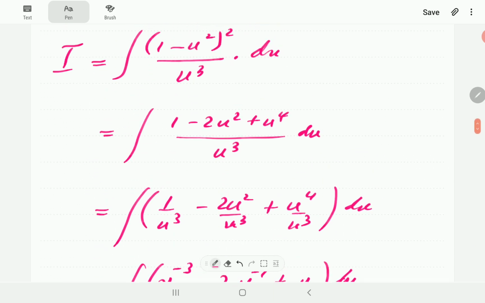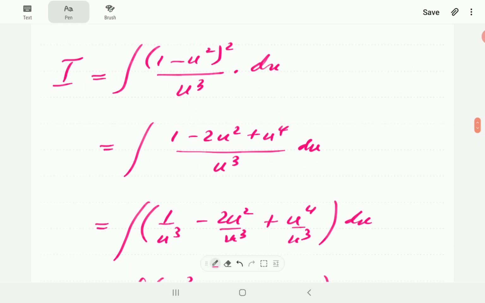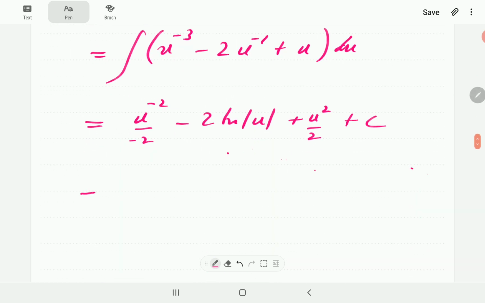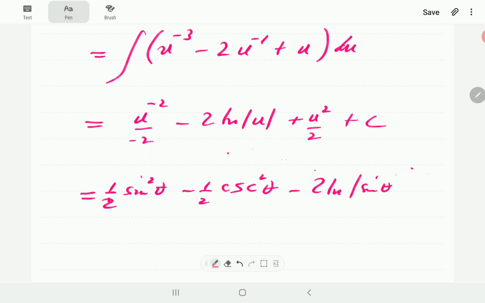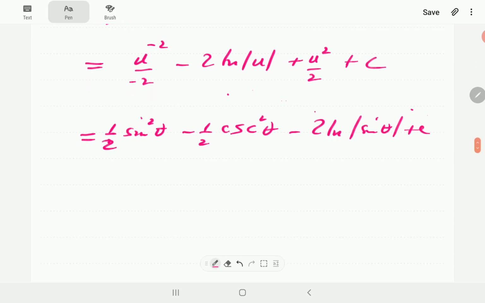Now u is sine, so we can write this thing as 1/2 sine squared theta minus 1/2 1 over sine squared theta. That's simply cosecant, so that's going to be cosecant squared theta minus 2 ln of magnitude of sine.